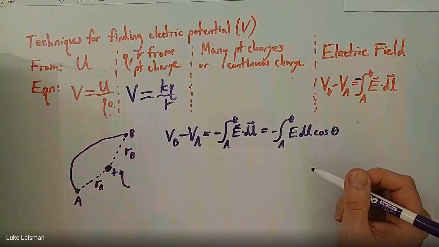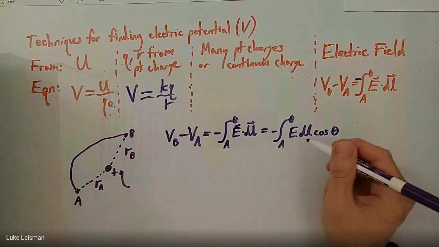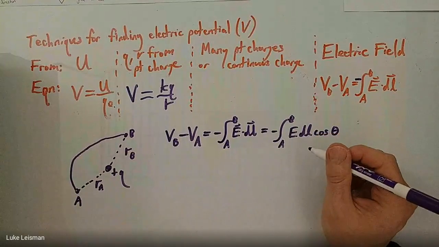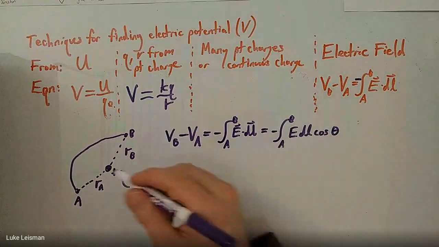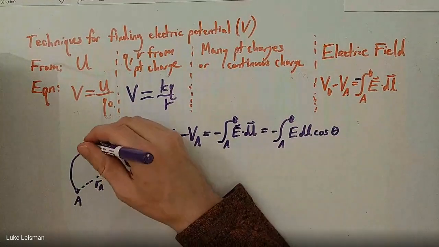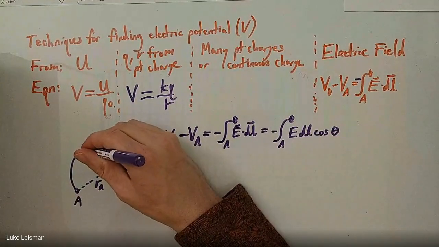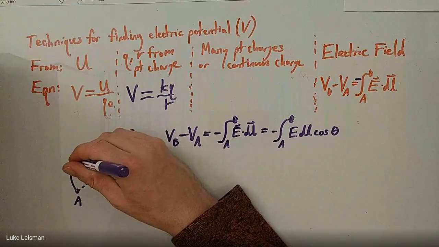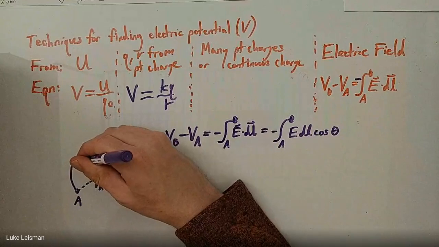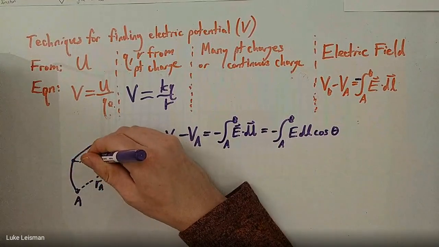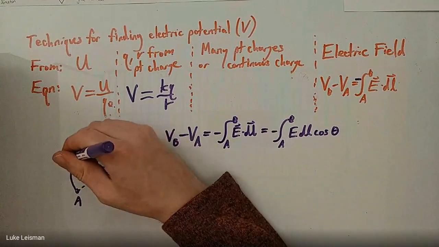Maybe this is a little tricky, but first of all, do we know what the electric field is for a spot some distance away from a point charge? So let's think about some spot on this path. We'll take a spot that's a distance r away from that point charge.